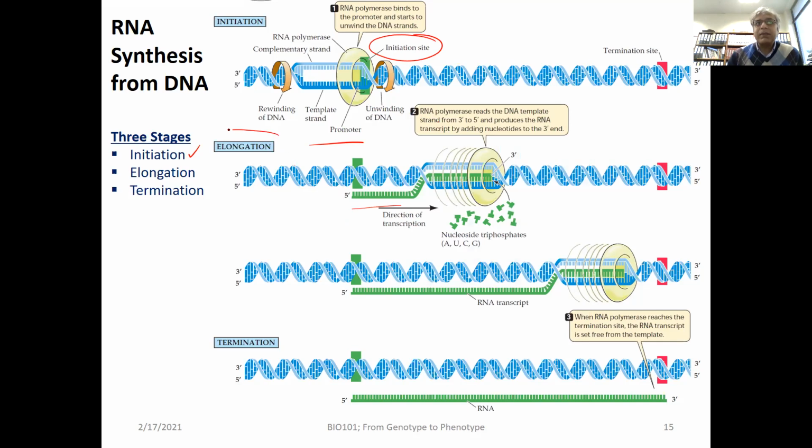That step is called transcription elongation. And when RNA polymerase comes across a sequence which we refer to as the transcription termination sequence, RNA polymerase falls off, and that is called termination of transcription. So three phases: transcription initiation, transcription elongation, and termination of transcription.